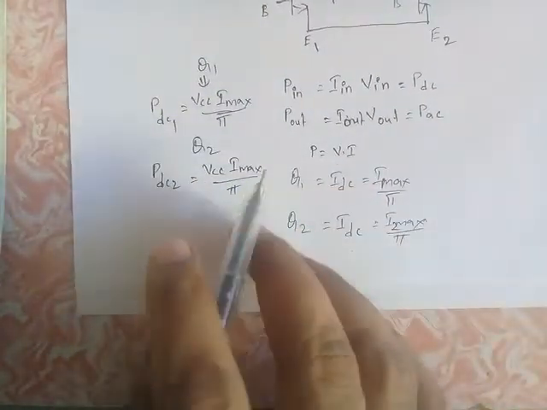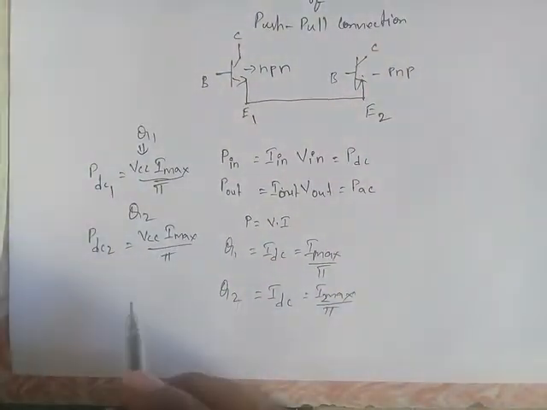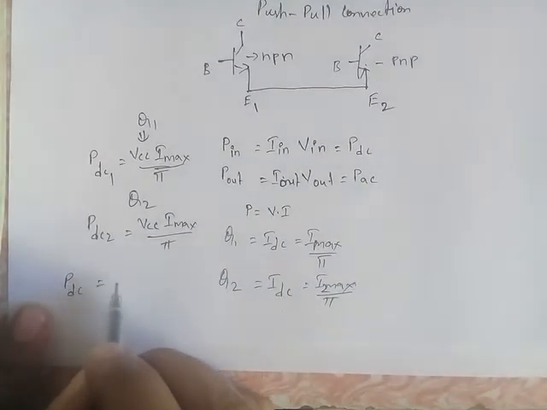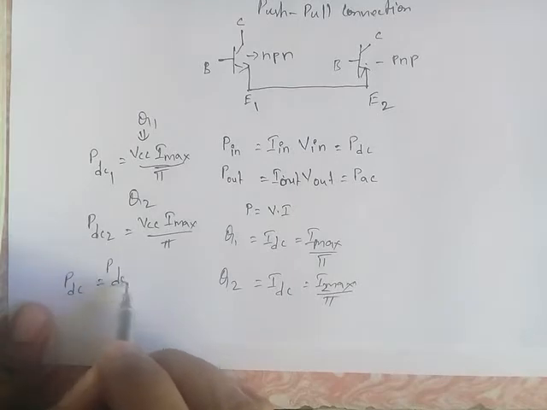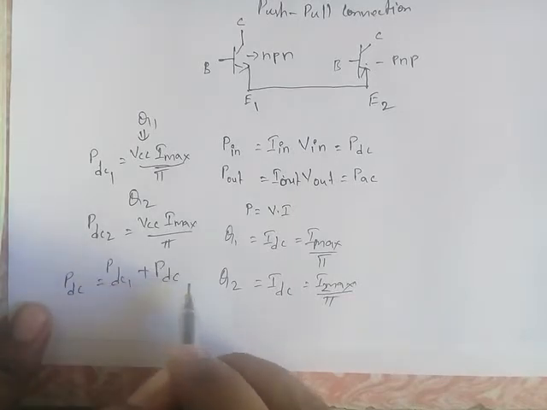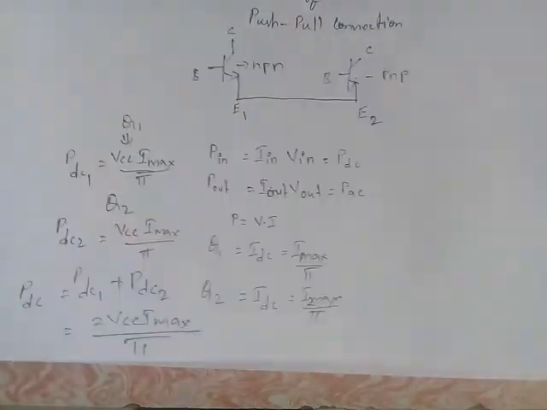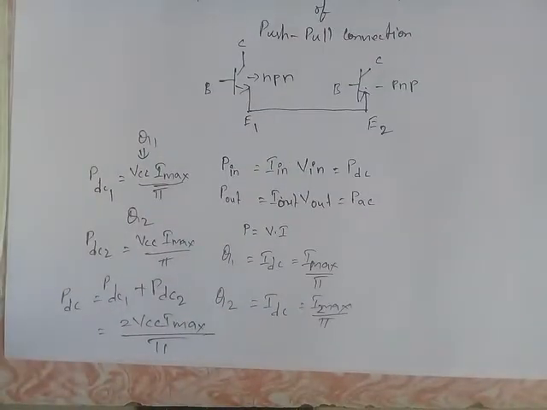Again I require the total PDC, which is PDC1 plus PDC2. So how much will I get here? 2 VCC I max by pi. Okay, this is the term which I am getting here.